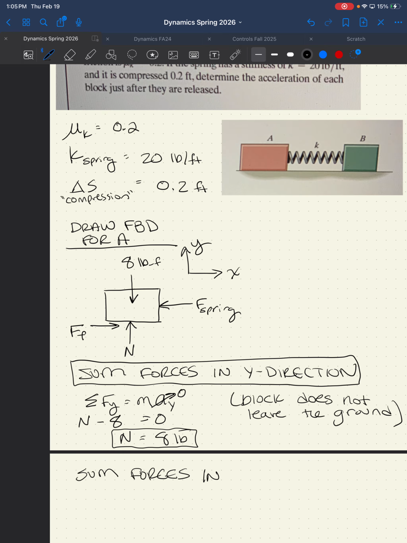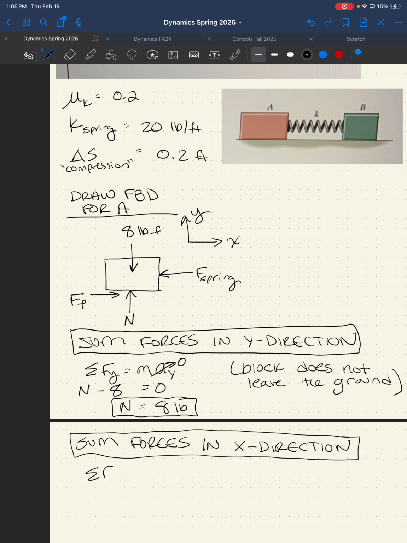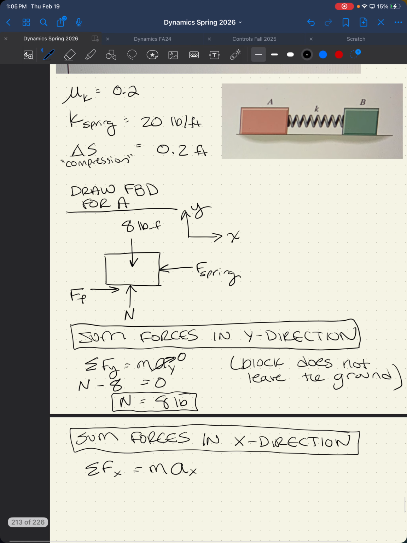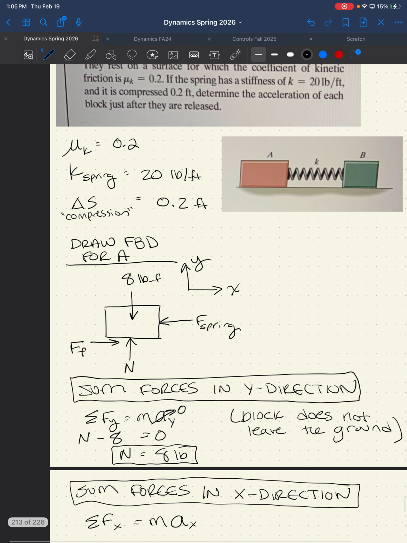Now, I'm going to be careful about the signs. What I do with springs is I don't let this tell me what direction the spring force goes. Just like we did for blocks on a pulley, I try to think more intuitively about how this spring is working. So we actually drew it correctly. We already thought through this process.